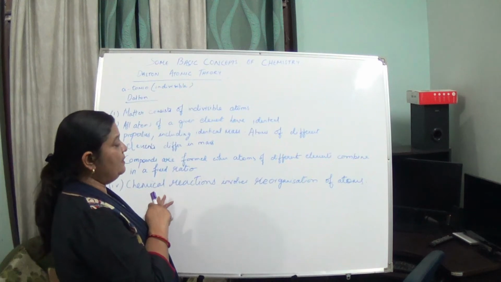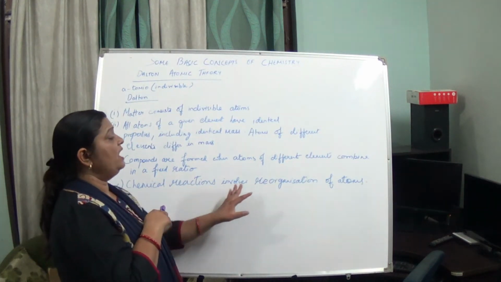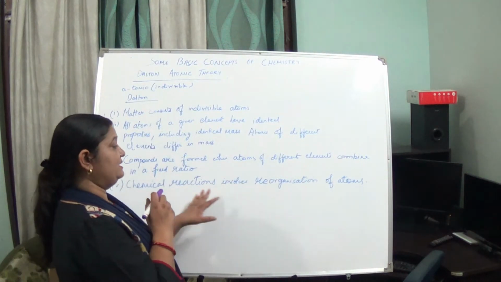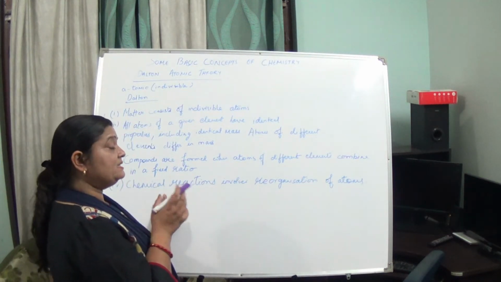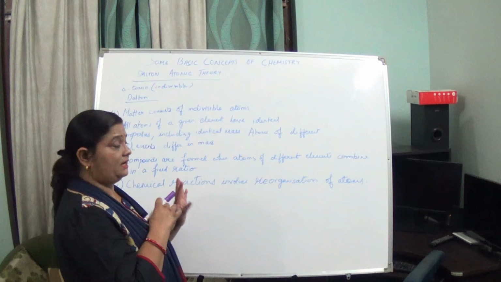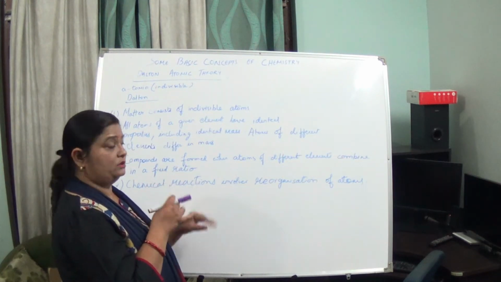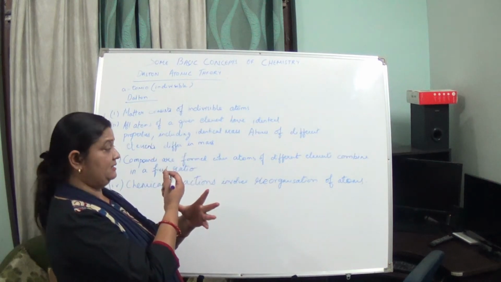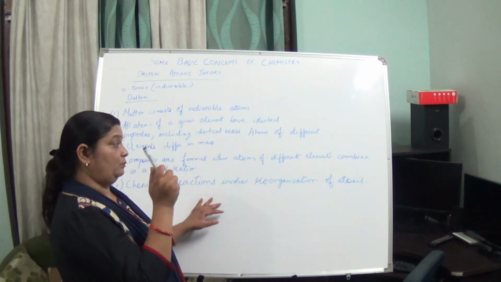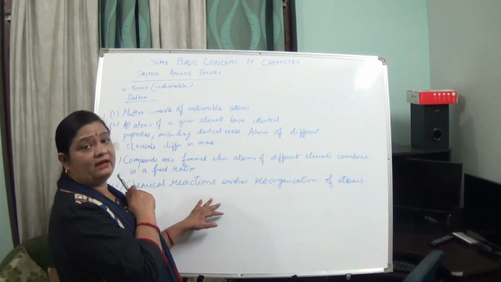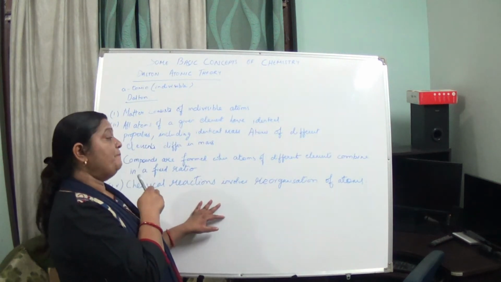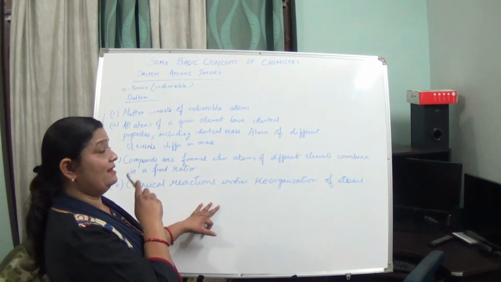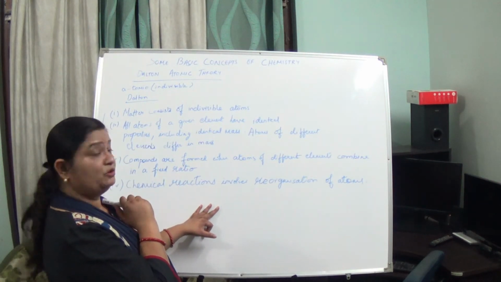And chemical reactions involve reorganization of atoms. What do you mean by this? It means that during the reaction, atoms are not lost anywhere. They reorganize themselves. Because why? The one important principle we all know is that energy can neither be created nor destroyed, and the law of conservation of mass should hold.